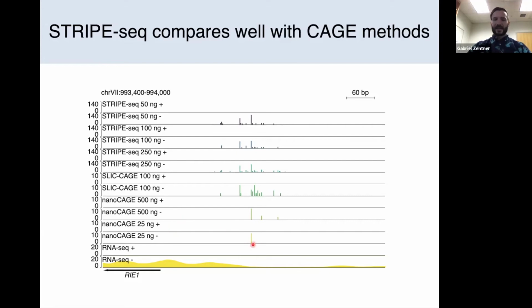And this is emblematic of what we refer to as a loss of complexity in terms of TSR detection. We're only getting a few TSSs in this transcription start region with nanoCAGE, while we're getting many with SLIC-CAGE and STRIPE-seq, thus giving us a more accurate picture of the distribution of transcription initiation.